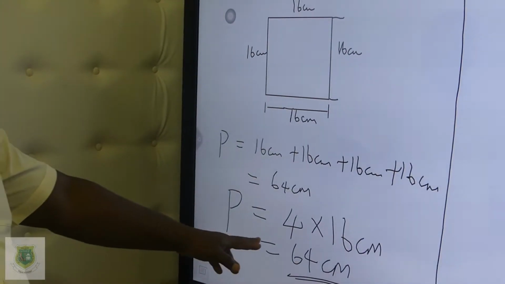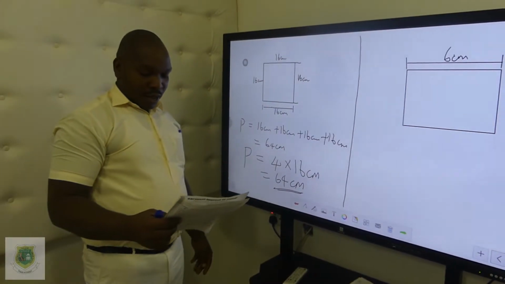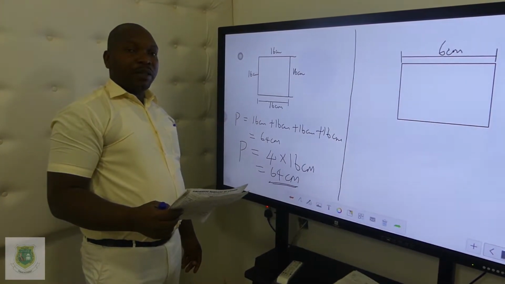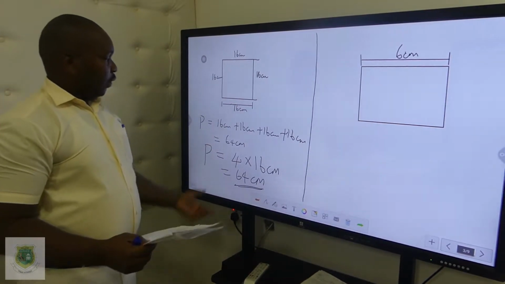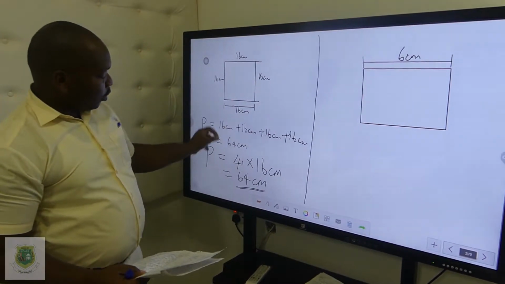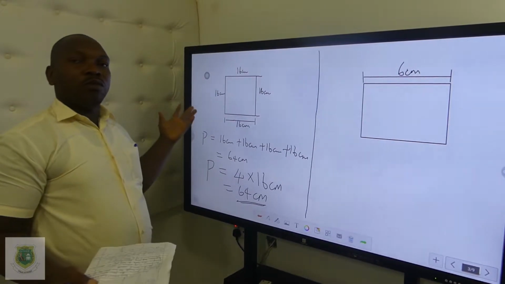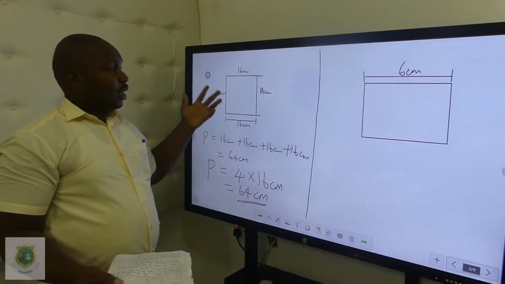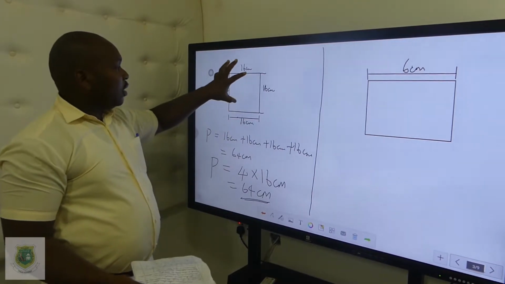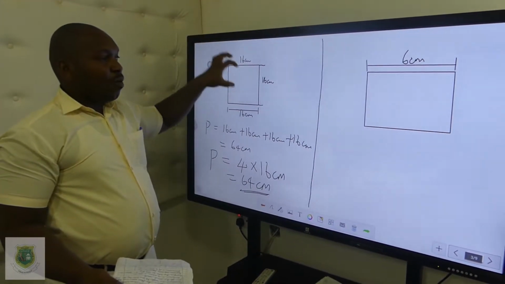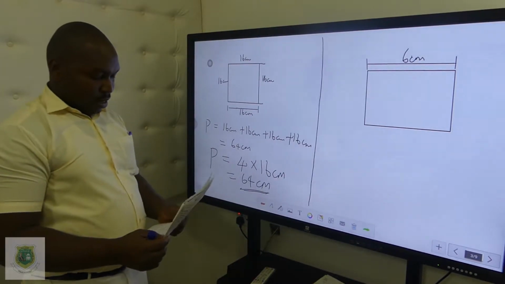So 4 times 1 of each side. That is the perimeter of a square. If you just pick one of the sides, you multiply by what? 4. It will give you the perimeter of a square because the square has equal sides.